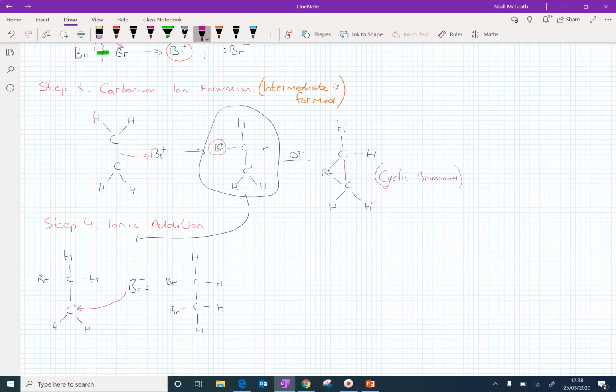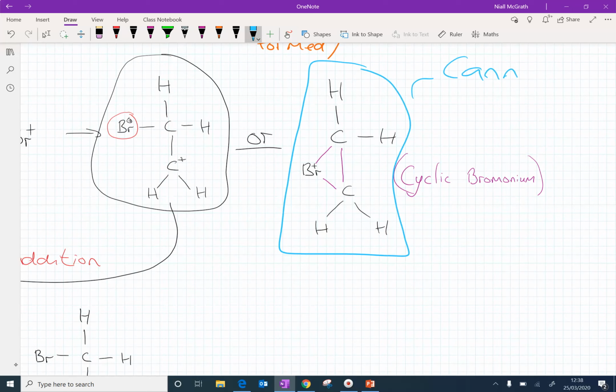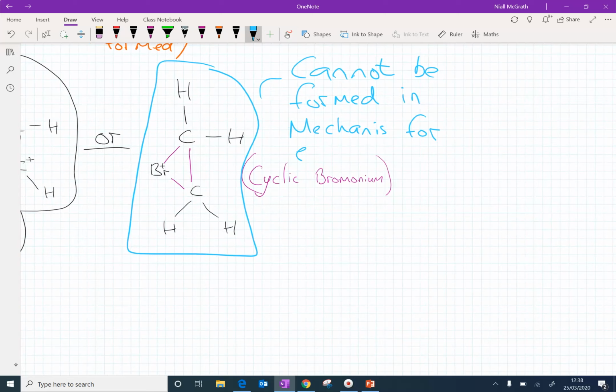The only difference is that this cyclic structure cannot be formed in the mechanism for ethene plus hydrogen chloride or for Cl2, because these molecules aren't large enough.